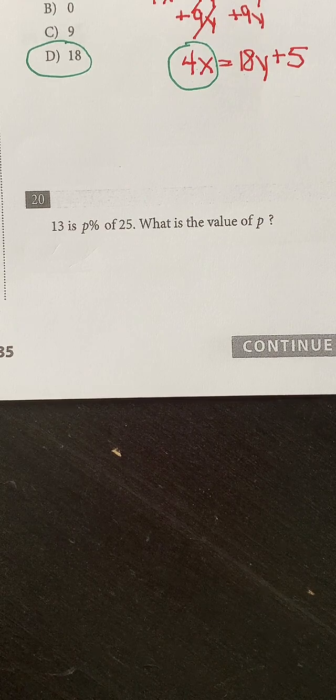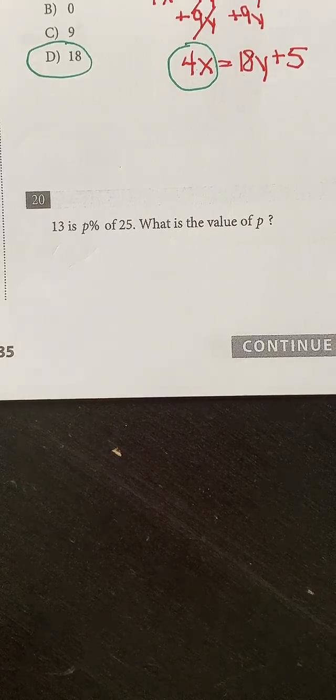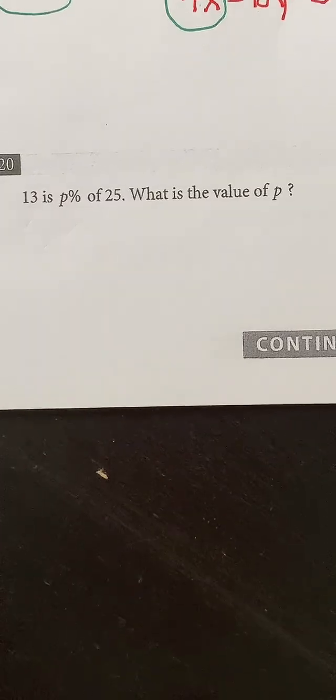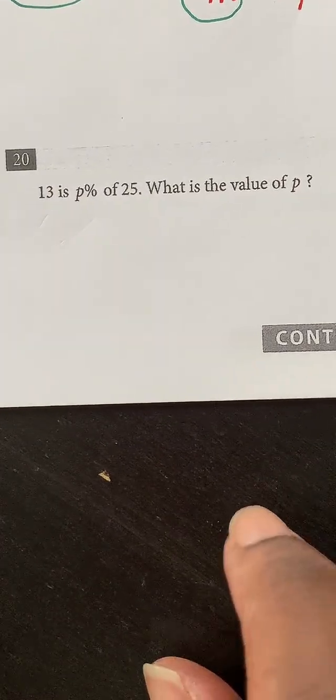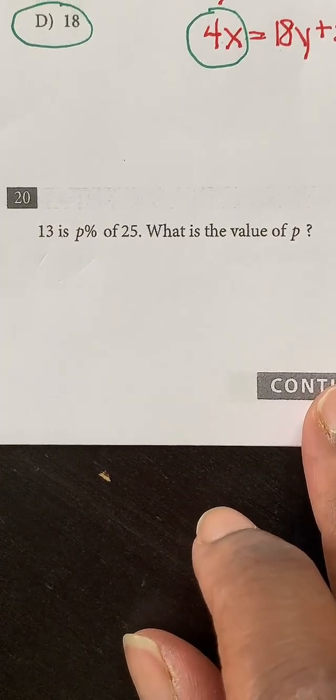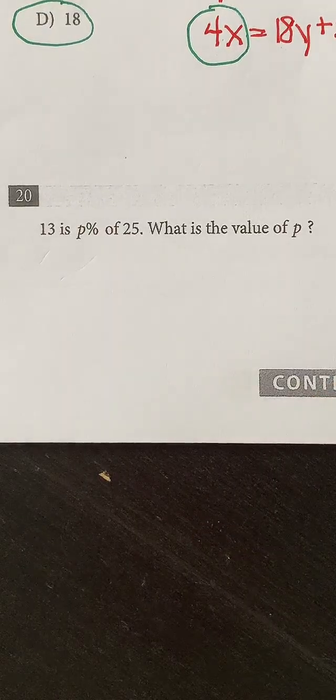All right. So 13 is p% of 25. What is the value of p? Okay, so now no answer choices, so we're going to have to try to figure it out. 13 is p% of 25. What is the value of p?